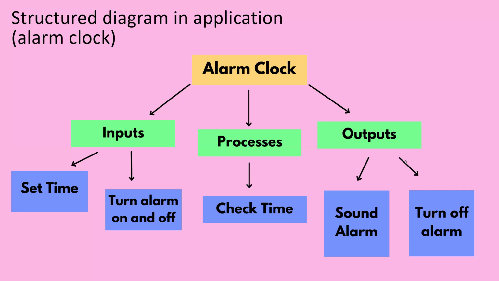The process is checking of the time. This is what we have already discussed, that checking of time will depend on probably a second, or a 5 second delay, or a 10-second delay. So if we are setting an alarm for 1 o'clock today, right now it is 12:40.